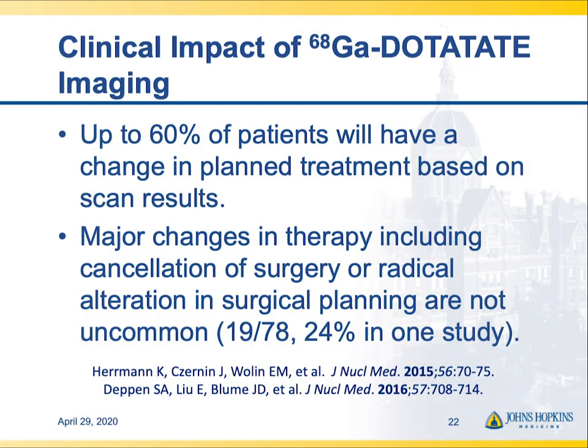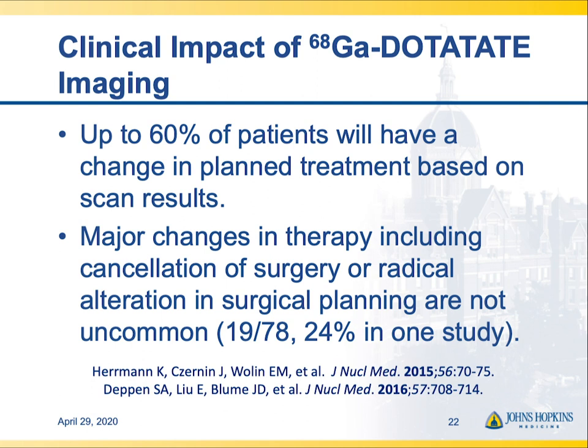I know I poo-pooed the idea of clinical impact or management decision-making when it came to the amyloid imaging agents, but when you're dealing with an oncology radiotracer where your endpoints are a little bit more immediate and there can be much bigger changes in terms of the impact on patient management, I think it is a relevant thing to discuss when we talk about dotatate.